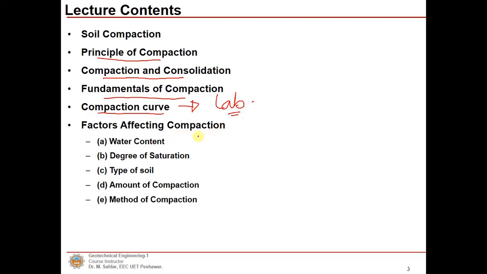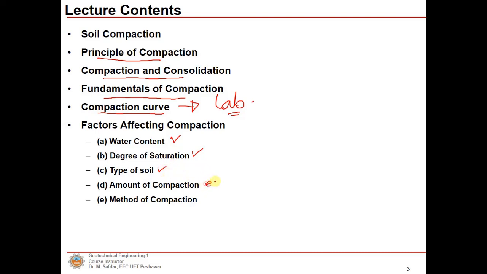Factors affecting the compaction, for example, how the compaction will change if we are varying the water content, or if the degree of saturation is varying, or if we are using different types of soil, whether it is going to affect the compaction characteristics of that particular soil.